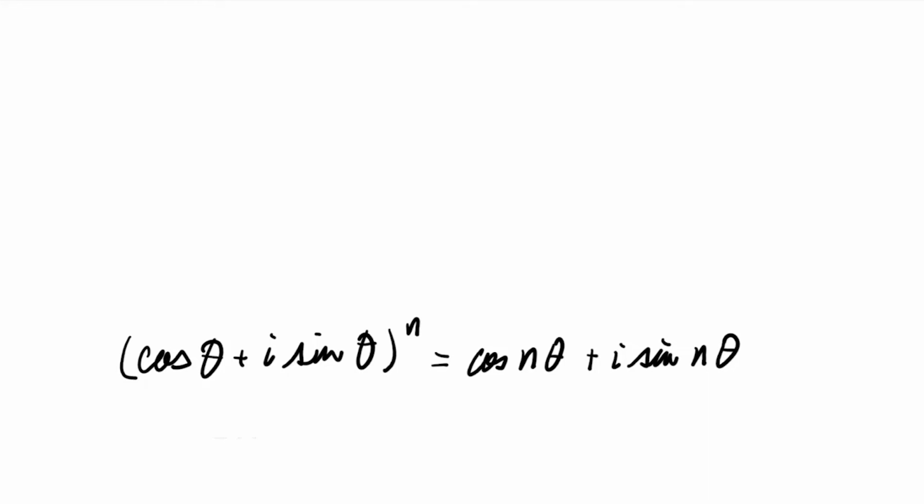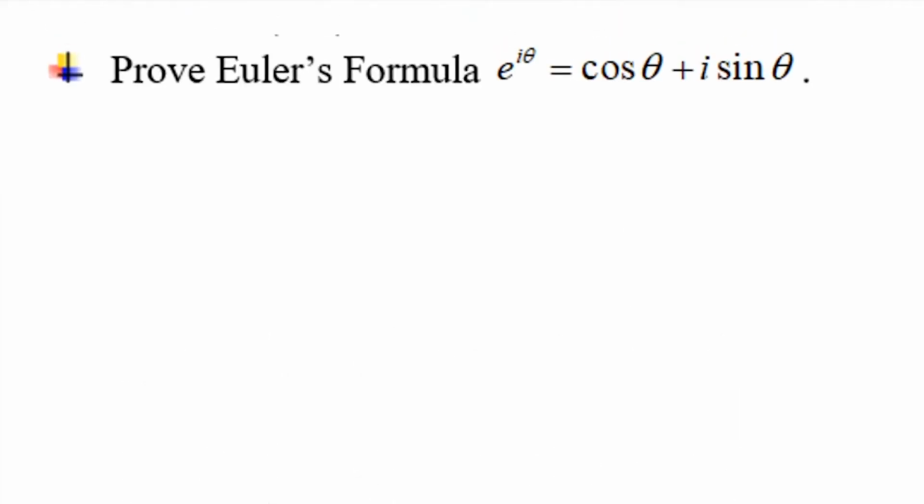Today, we're going to prove this by proving Euler's formula. So what Euler's formula is saying is that e to the i theta is the same as cis theta. You know what I'm saying? This part.